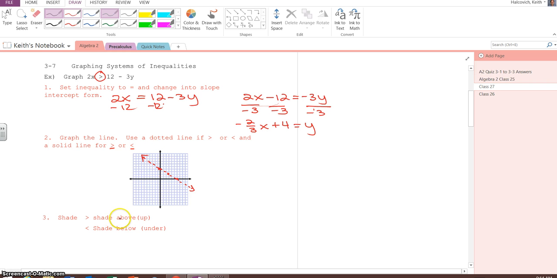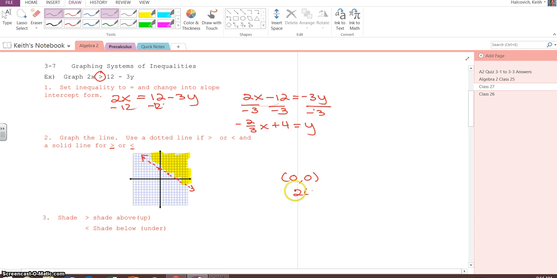Now, we're going to shade. So if it's greater than, we're going to go above the line. So we'll shade here. If it's less than, we're going to go below. So here, since it's greater than, we're going to go above the line. Now, one way to test to see if you're correct is to choose the point 0, 0 and see if it works in the original inequality.